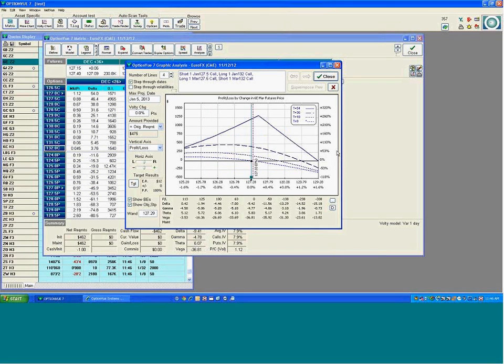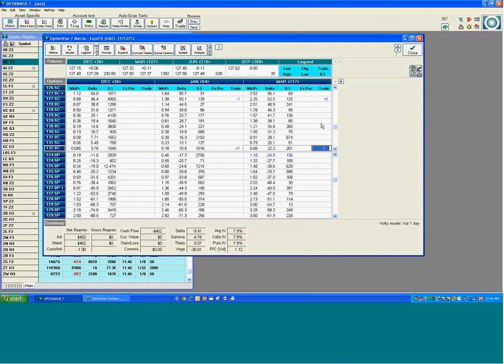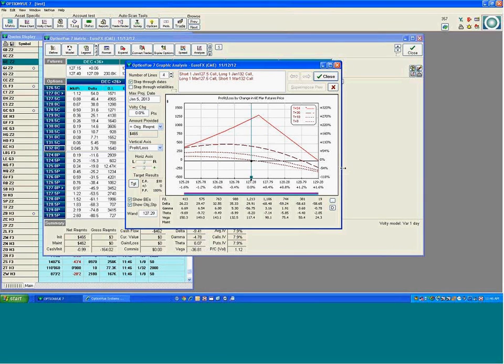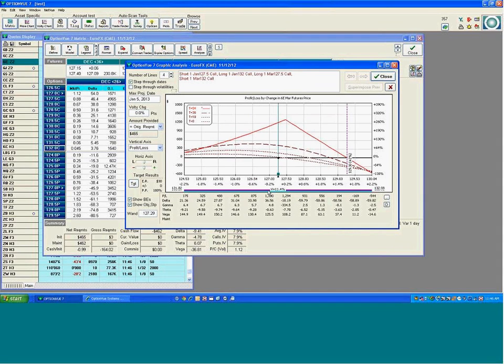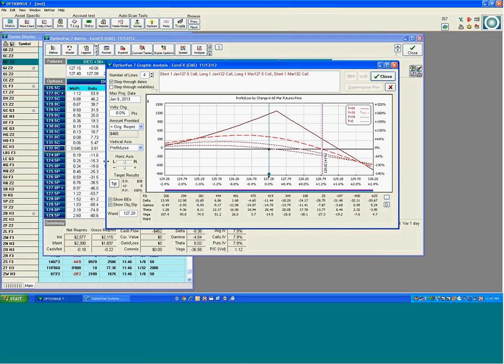So we take a look at this graphic analysis. And if I widen it out a little bit, the effect 6 days into the future. Let me just expand this a little here. You can see there's a $419 profit at an unchanged level. Profits on the downside are pretty good.